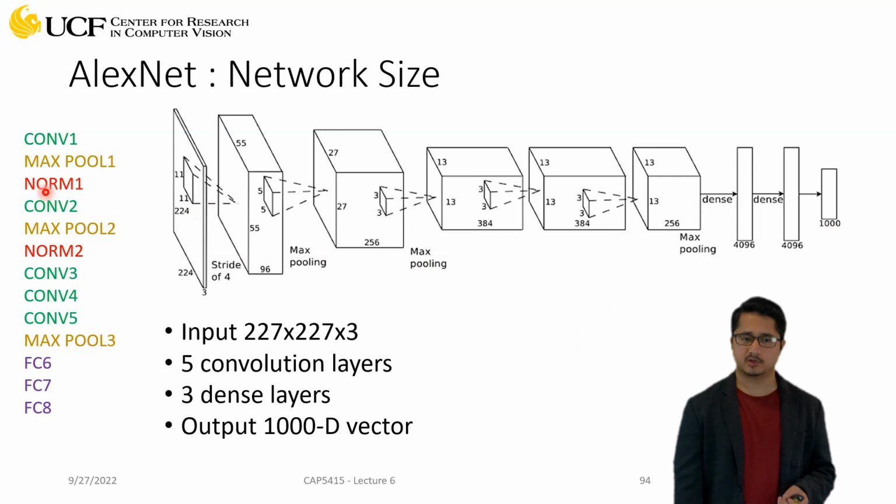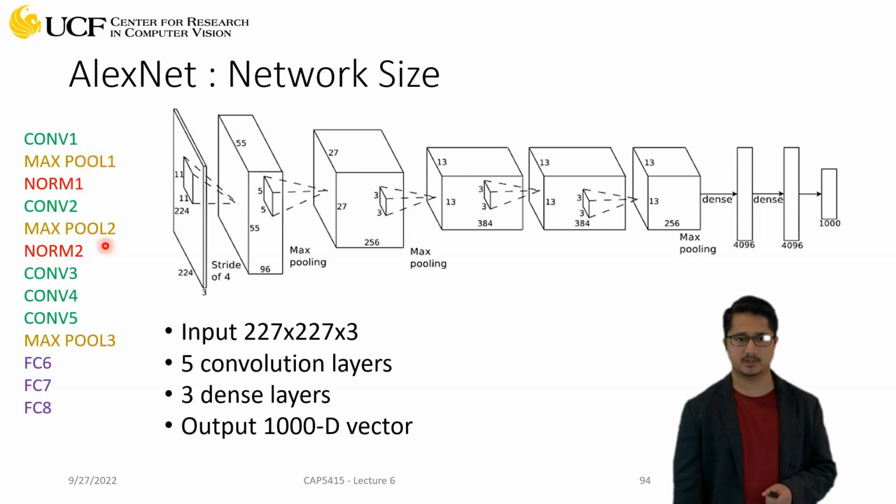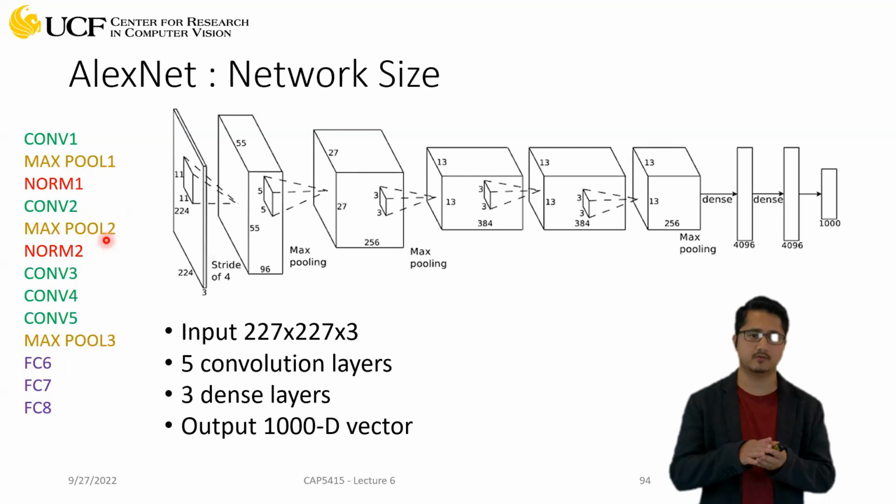And these are just the terminologies which we used. Green is for convolution layers here. You can see we have 5 different convolution layers. This orange one is the max pooling layer. We have already studied what the max pooling operation is. We also had norm layers. This was a different kind of normalization. It was performed to limit the values of the activations. We don't use this kind of normalization anymore.